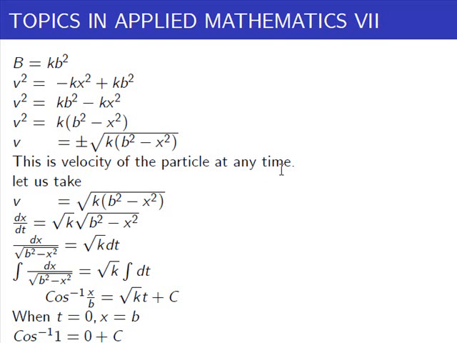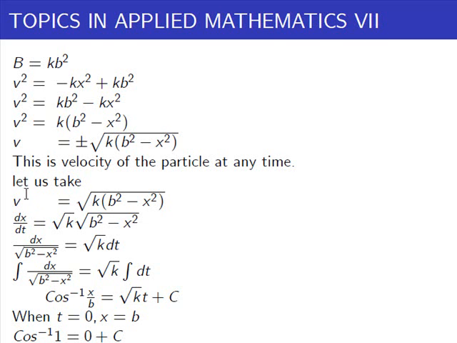This is velocity of the particle at any time. Let us take positive sign. First we take the positive sign, and v is equal to square root of k into B square minus x square. Here two cases, but we are considering only the positive first.